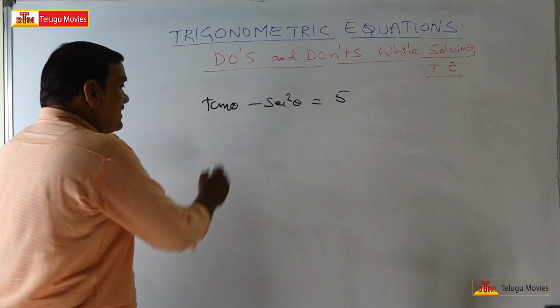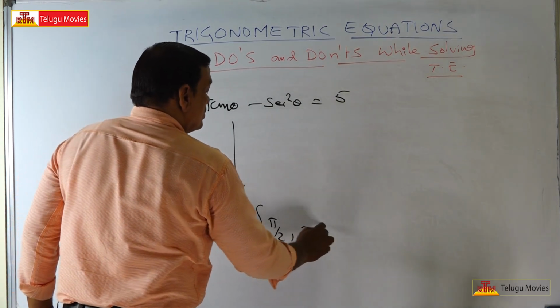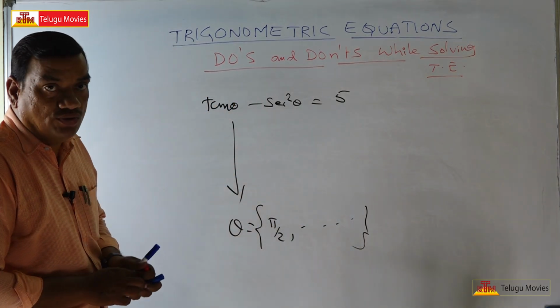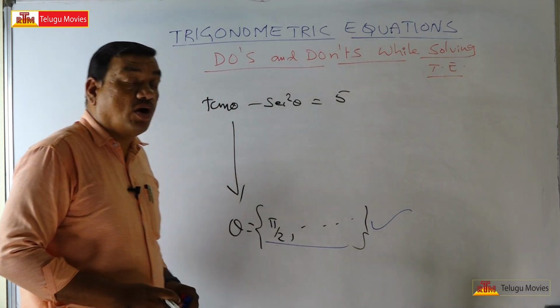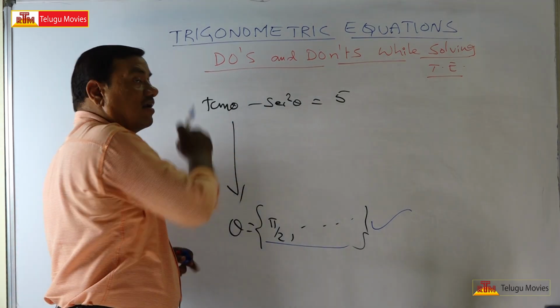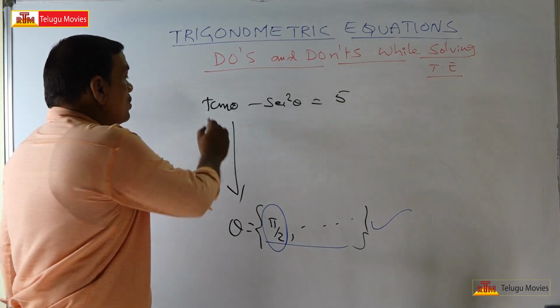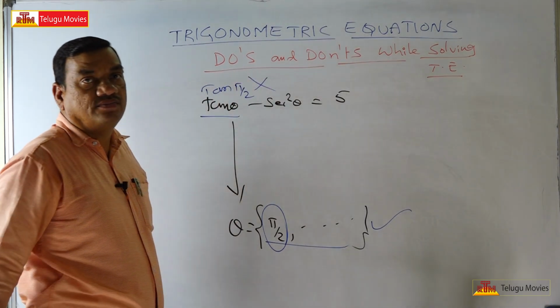Okay. So at the end, if you get theta is equal to some values like pi by 2, be careful about these values. Whatever values you got, check whether those values are valid or not. For example, if you take theta is equal to pi by 2, what is tan pi by 2? Tan pi by 2 is not defined.